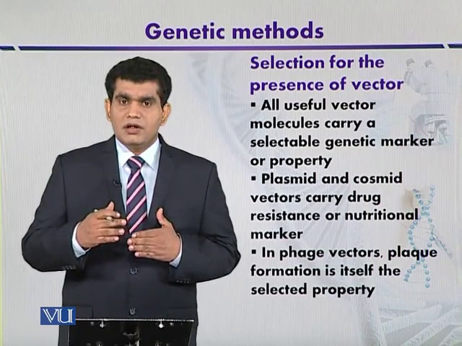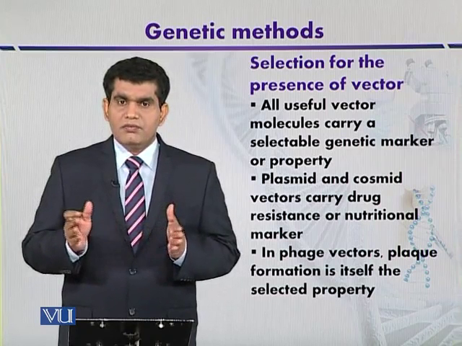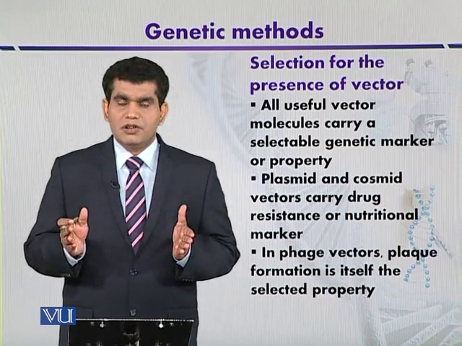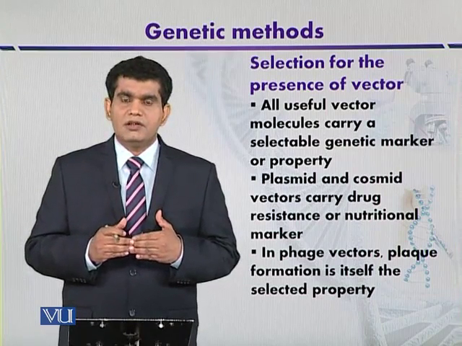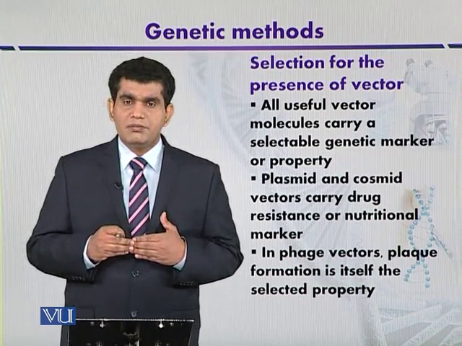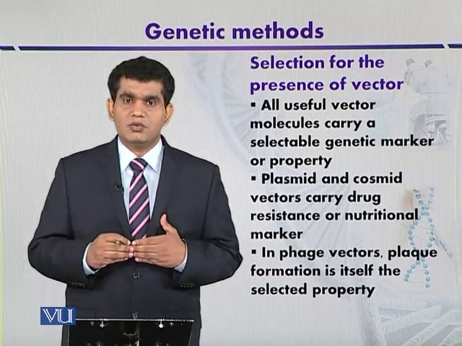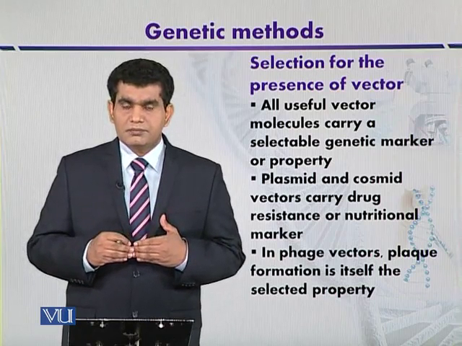Those phages that contain only the viral DNA arms, like the right or left arm, without the insertion of foreign DNA, are too small to be packaged. So viable phages will not be produced. So here the size of the genomic DNA will act as a selectable marker.